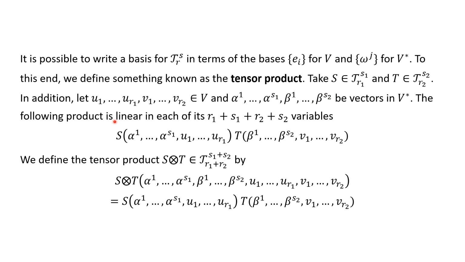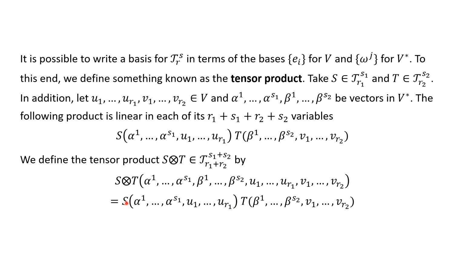The following product is linear in each of the R sub 1 plus S sub 1 plus R sub 2 plus S sub 2 variables, this thing here. And we define what's called the tensor product, which is an element of this larger tensor space, as follows. The tensor product of S with T acts on all of these elements. You notice they're coming from both of these arguments, and it equals this product here, one tensor times another.